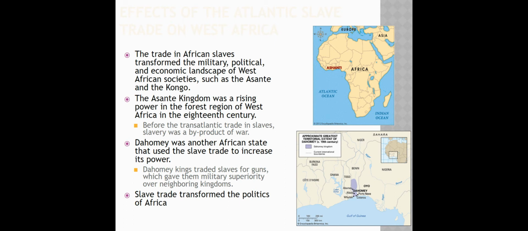Before the transatlantic trade in slaves, slavery was simply a byproduct of war. Prisoners of war worked as slaves. Dahomey was another African state. They used the slave trade to increase their power. Dahomey kings traded slaves for guns, which gave them military superiority over their neighboring kingdoms. And the slave trade would also transform the political systems in Africa.